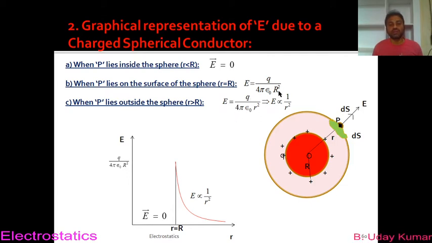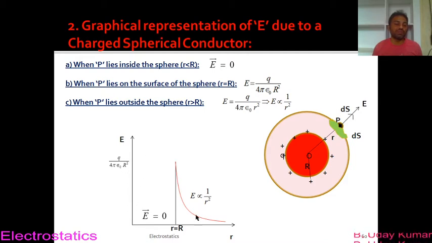Here capital R is constant, so please remember, and small r is a variable. If point P changes outside it, small r changes, and hence outside the conductor E was inversely proportional to r square, but inside the conductor E was 0, and on the conductor E was constant, given by Q by 4 pi epsilon 0 capital R square.